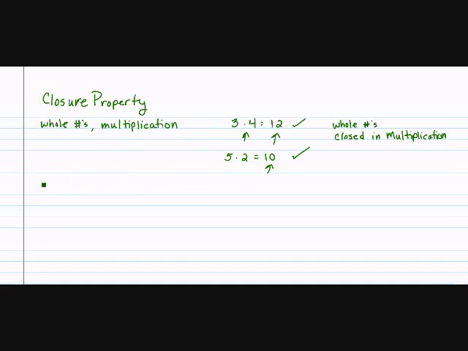Let's try whole numbers and subtraction. I pick 2 whole numbers, 3 minus 2, and I get 1 as a whole number. But what if I said 2 minus 3?